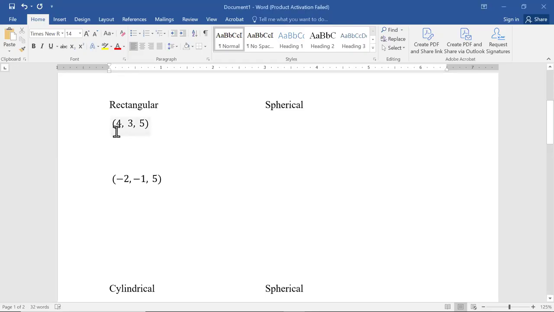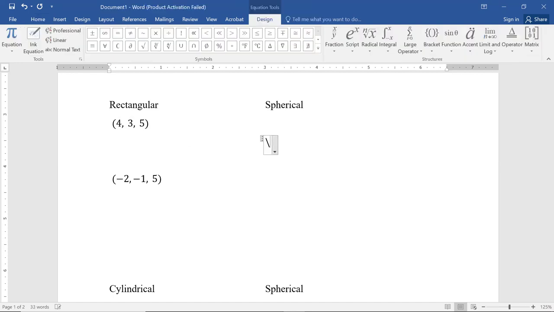Okay, so rectangular point (4, 3, 5). We want to convert that to spherical. The first thing we're going to do is find our rho. So rho squared is equal to x squared plus y squared plus z squared.